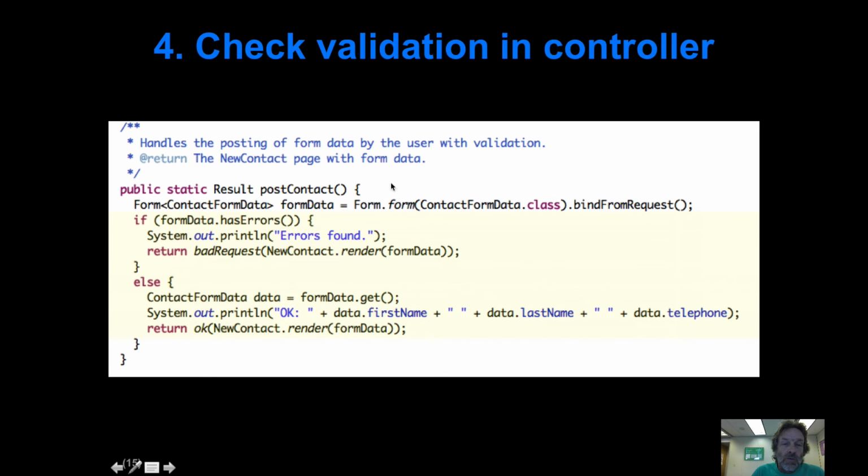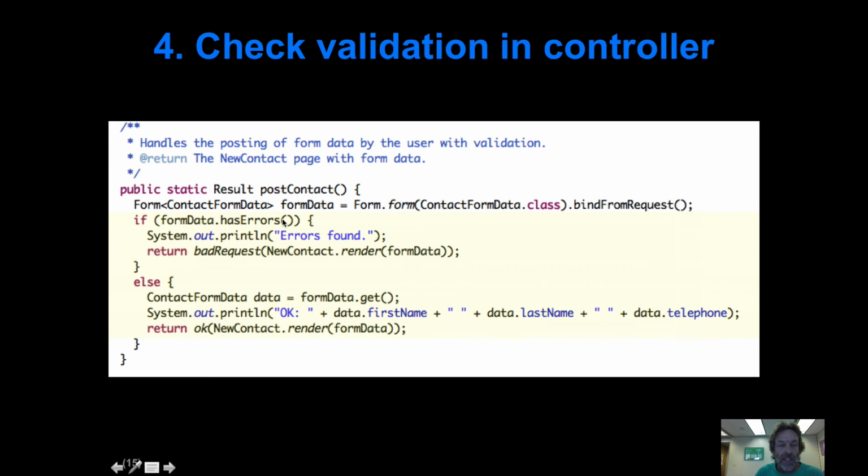What we're going to do is, in our post method, which is going to process the user inputting form values via the post HTTP operation, first thing we're going to do is this bind from request to get this form data object, which is of type form of contact form data. Then we're going to say, does that form data have errors?